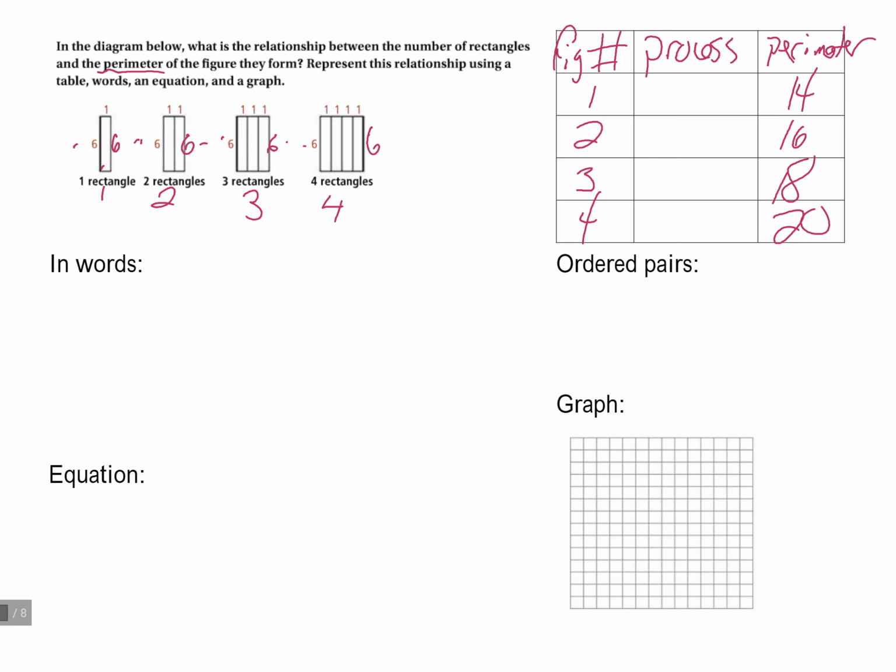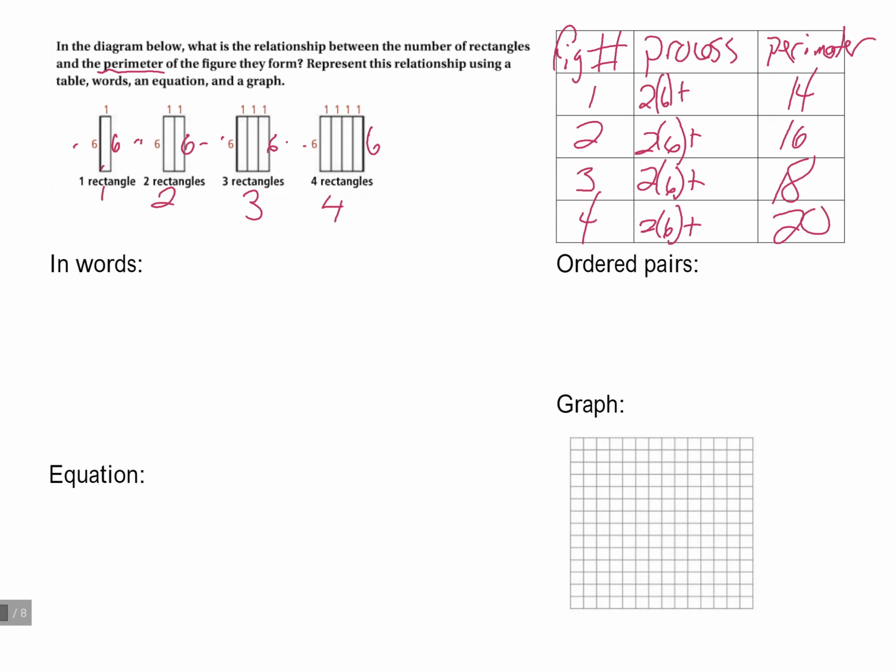The 2 times 6, 2 6s were always there. So I'm going to say 2 times 6 plus. Those were always there. 2 times 6 plus, 2 times 6 plus, 2 times 6 plus. Those are all 12s. Those are always there. Now, what was changing each time?